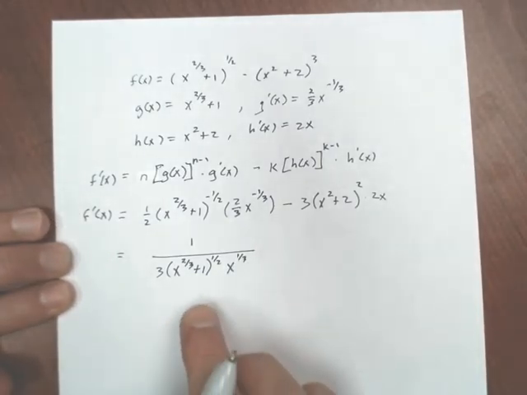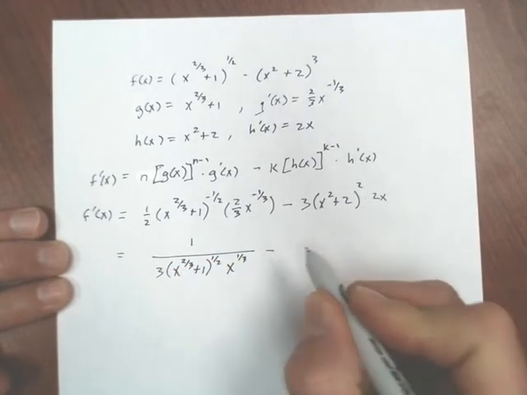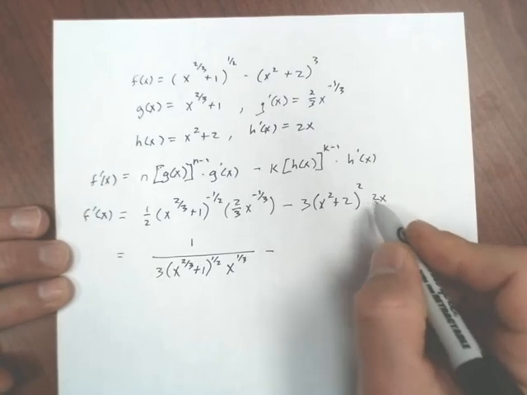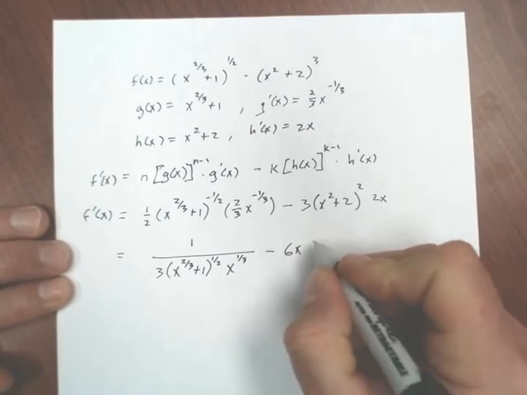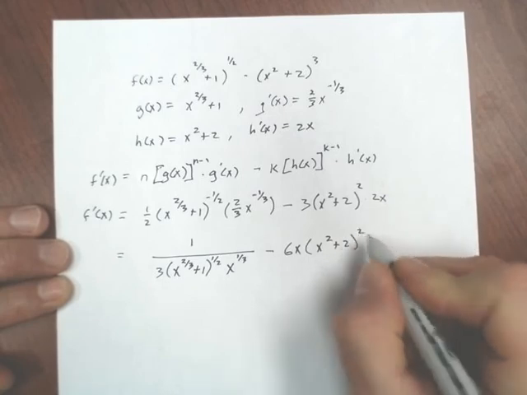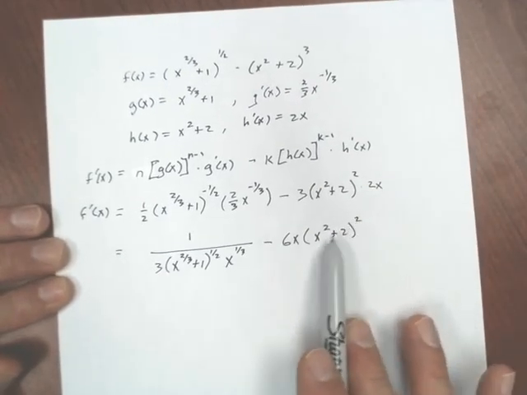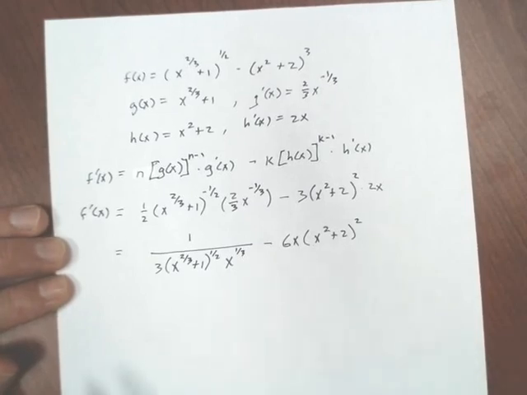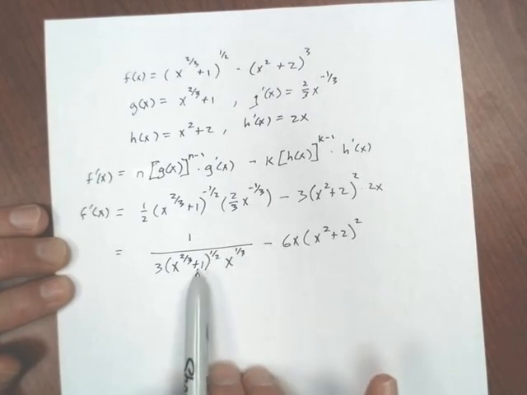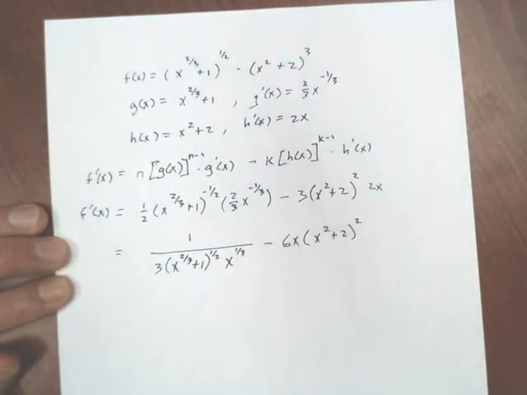That's going to be the first term, simplified, minus, okay, that's 6x times (x squared plus 2) squared. Now we could go ahead and foil that out because that's only squared, but we're not. We'll just leave it right here. But that is the derivative of that using the generalized power rule.